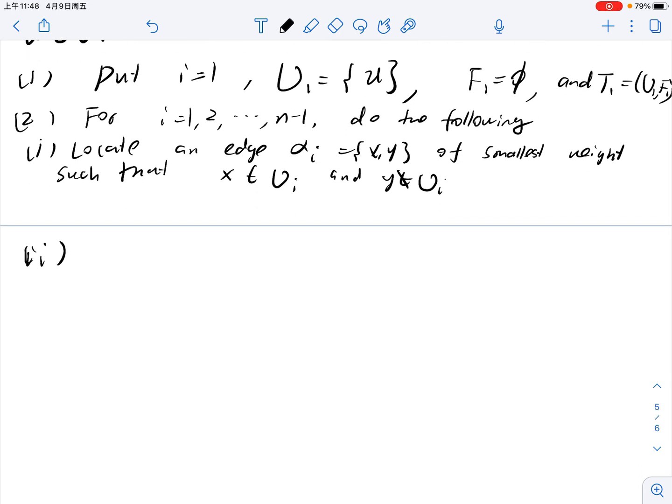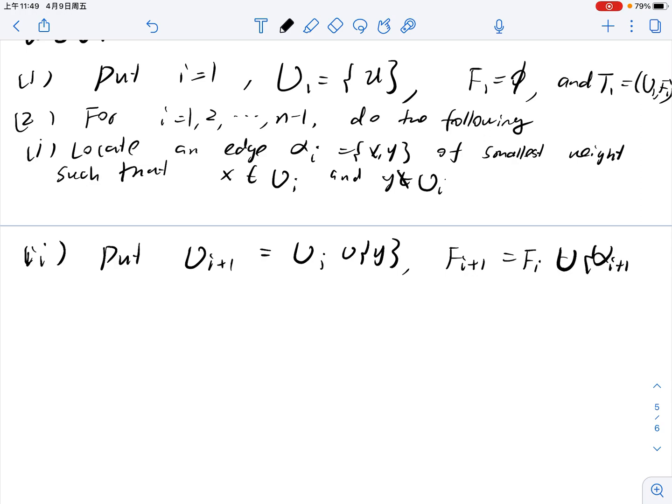Secondly, put U_(i+1) equals U_i union Y, F_(i+1) equals F_i union alpha_i, and T_(i+1) equals (U_(i+1), F_(i+1)).